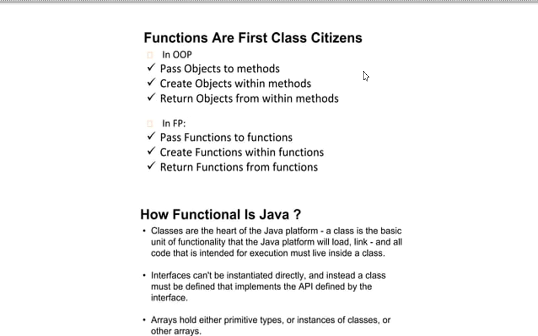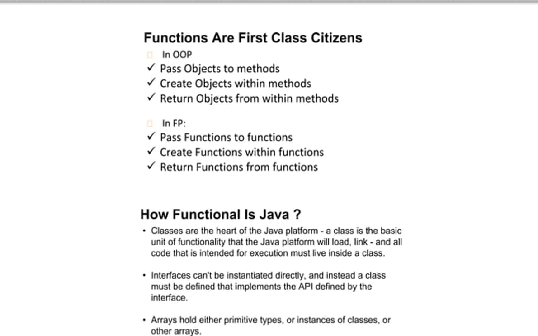In OOP we pass objects to methods and create objects within methods using the new operator, and return objects from within methods. This is all about traditional object oriented programming.